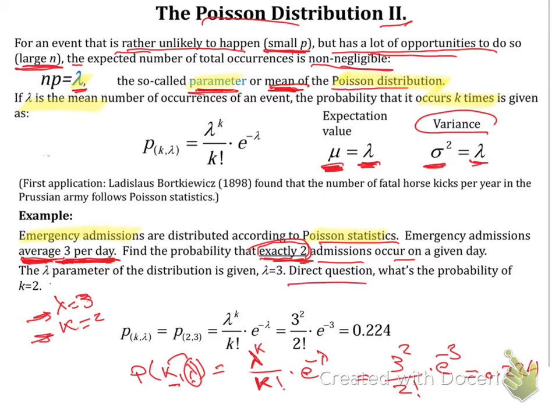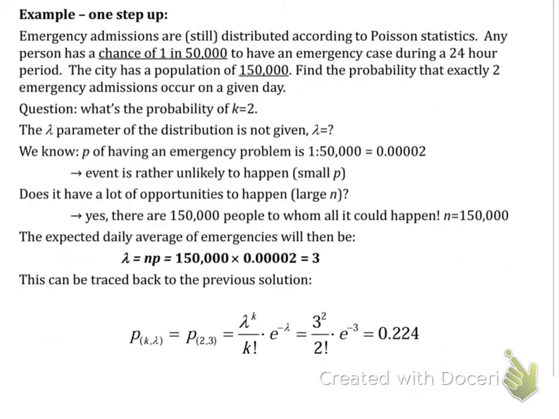So this question was a very direct question. Coming to the next example, the emergency admissions are still distributed according to Poisson statistics. Any person has a chance of 1 in 50,000, a very small, remote probability.